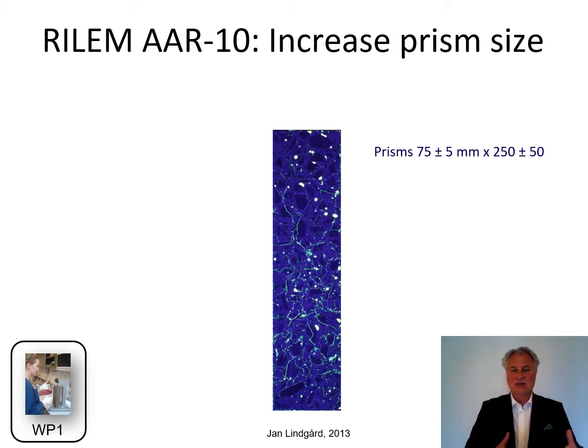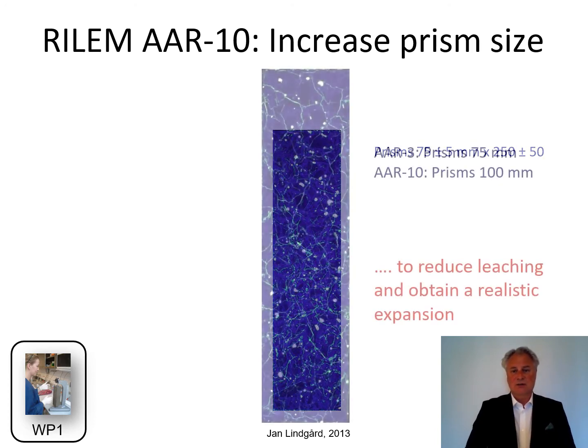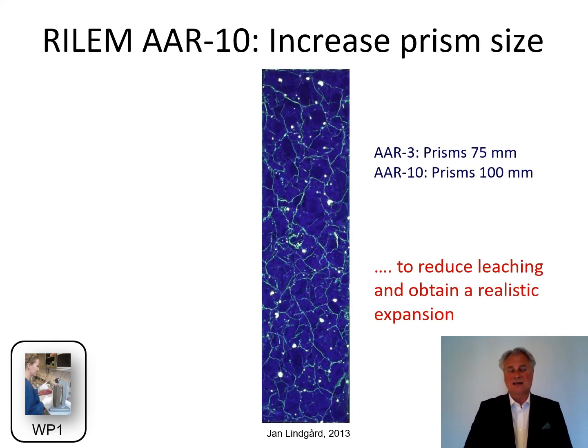And by leaching, you are reducing the alkali content, and that is not good for a performance test. So as a consequence, as the AAR-3 prisms had a width of only 75 millimeters, we are now increasing the prisms up to 100 millimeters, and by that we think we are reducing the leaching and obtaining a more realistic expansion. So that is the new thing with the RILEM AAR-10 method.